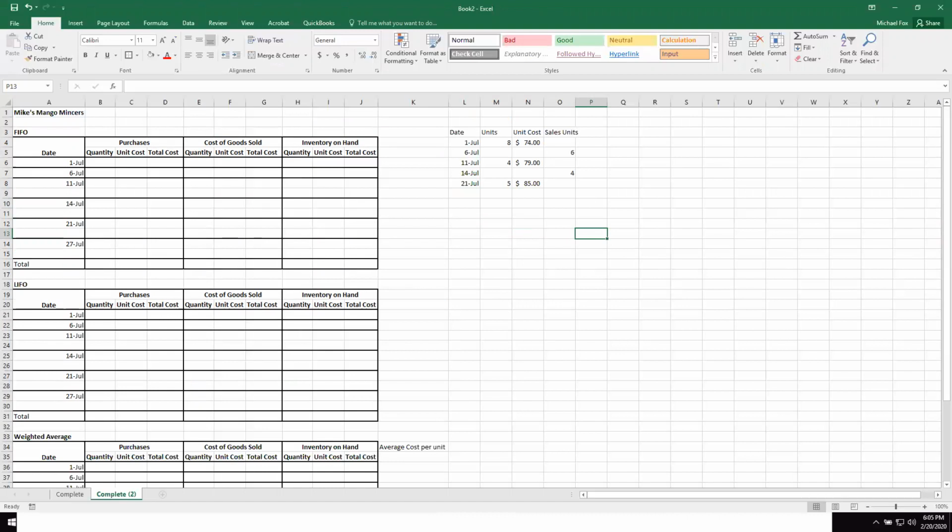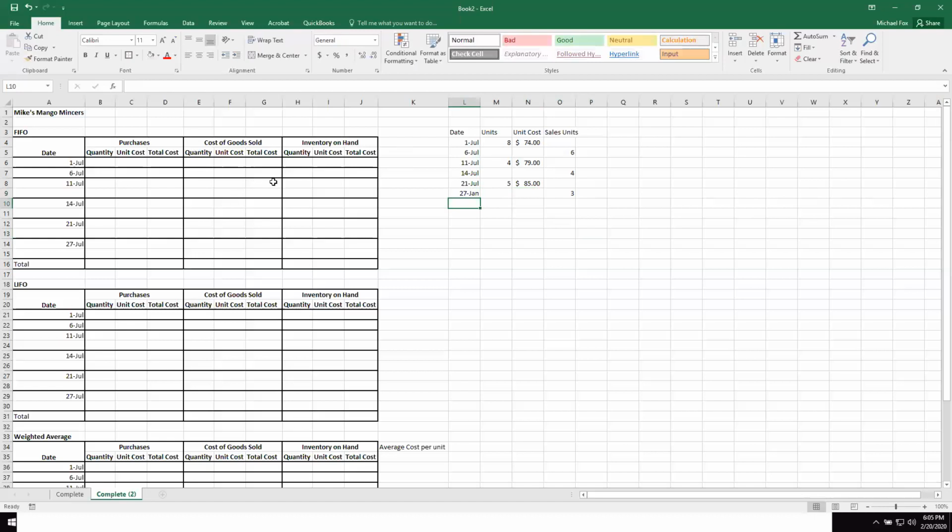Let me look real quick at what I pulled that from, which is actually not from the homework. It's from a class I teach at another college, but it's the same concepts. And just the way this is laid out, I found it to be a little more helpful. Let's see. Oh yeah, on the 27th of July, they sell 3 units. Okay, so there's my data.